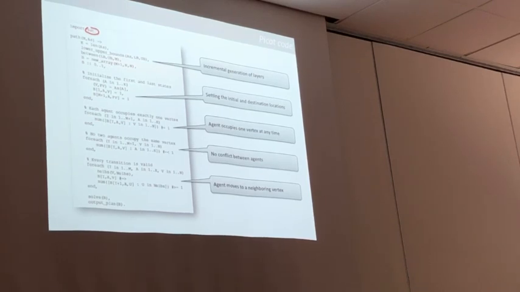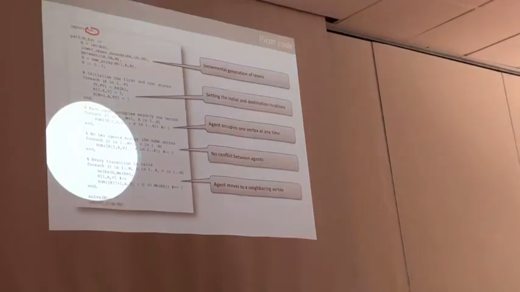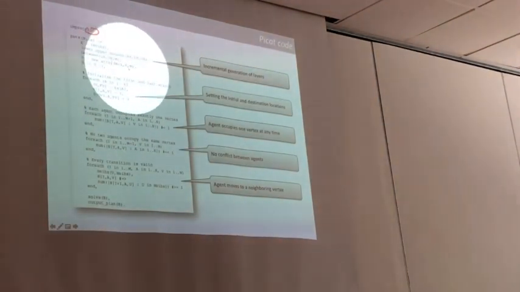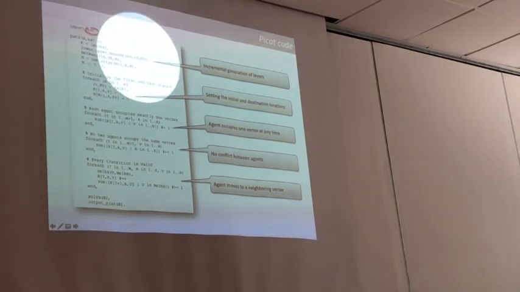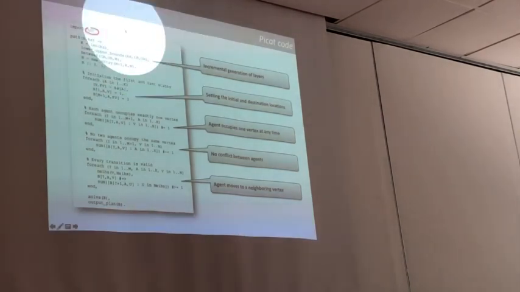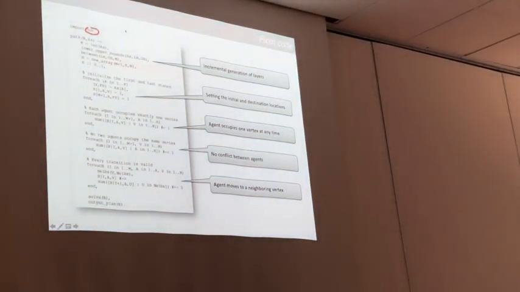I'm sorry, M? M is the number of layers, and it's generated here, and I'll be talking about it in a minute. It's the make span. The idea is that you calculate the lower bound and upper bound for the make span, and you simply assign M to the lower bound and try to find a solution with the given make span.